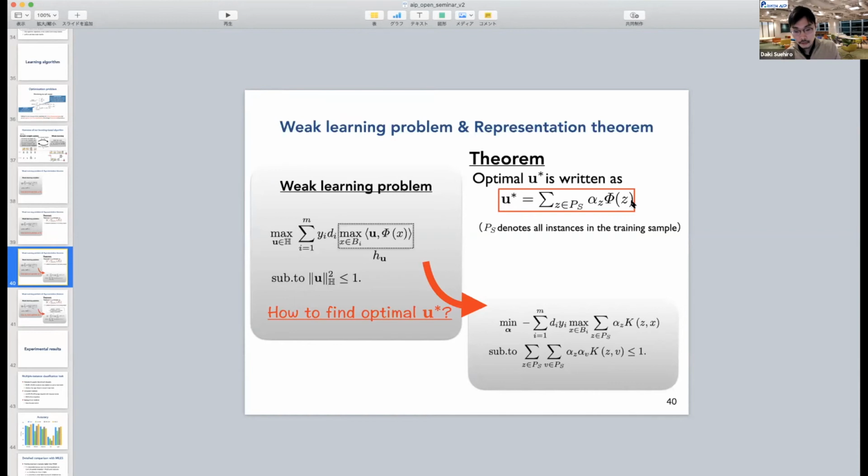But even if phi z in this page are discrete, U is a convex, linear combination of phi z. So if U star has to be contained in the set, it has to be continuous.